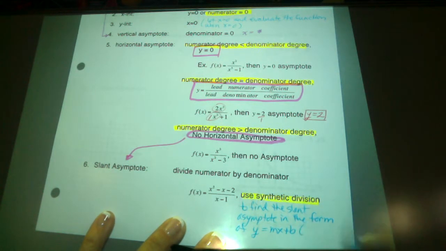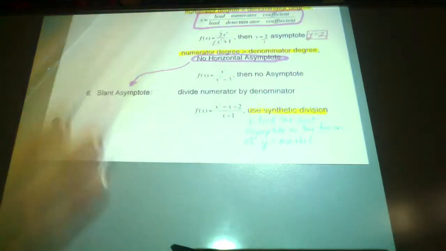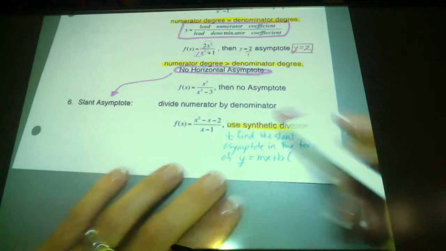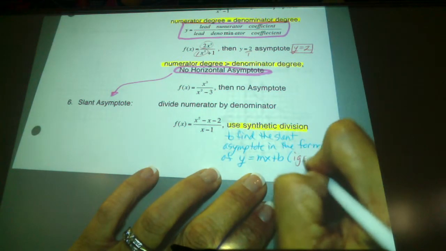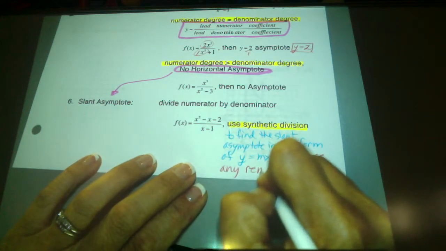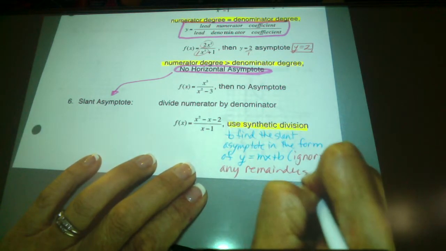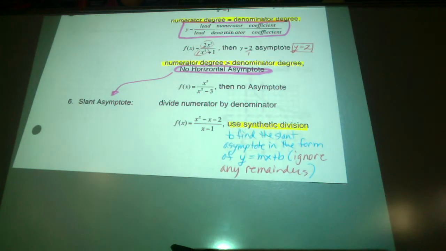But you might want to include in here that when we do synthetic division, we are going to ignore any remainders. If there's a remainder, we're going to ignore it. It's not important.